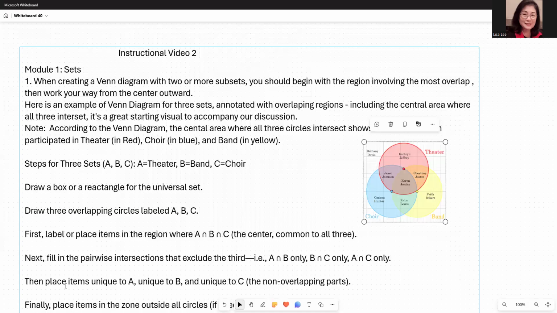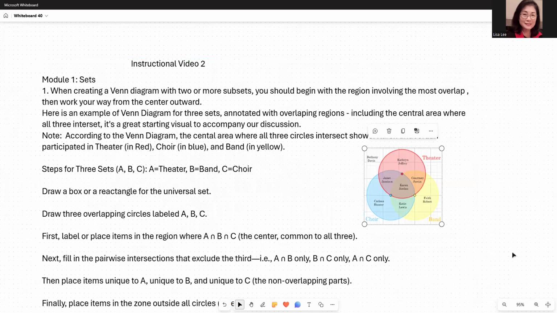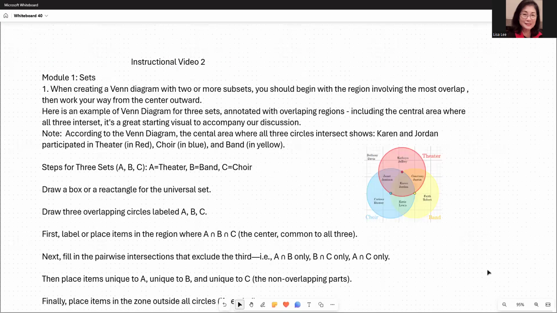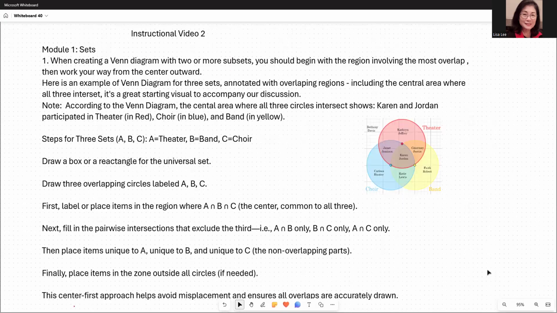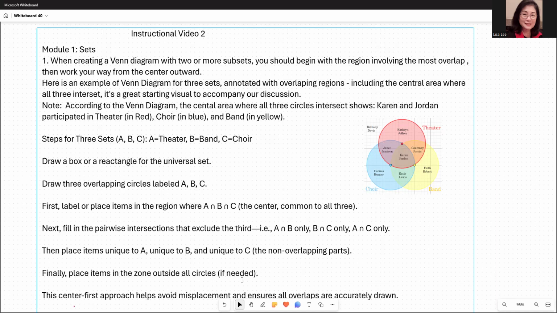Then place items unique to A, unique to B, and unique to C, the non-overlapping parts. Finally, place items in a zone outside all circles if needed.